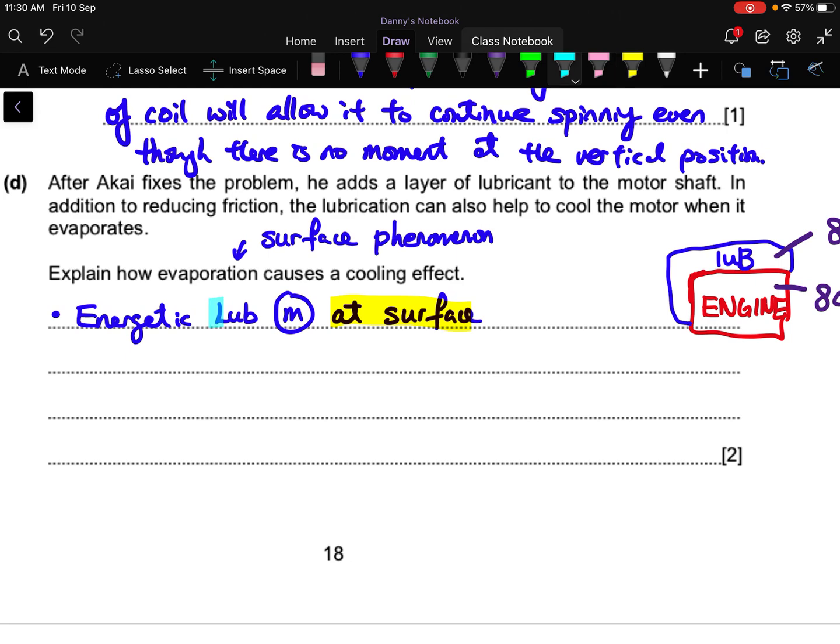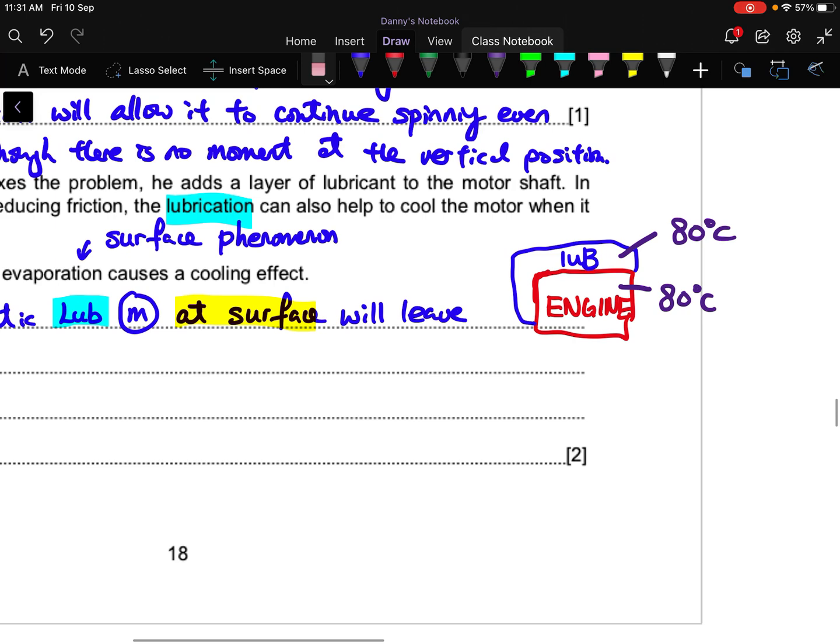Please highlight this. And some of you tell me that there's water molecule. There's no water molecule, it's lubricant molecule. Inside a lubricant there's no water. All liquids can evaporate, not just water. So can you please move away from water, water, water? It can be just lubricant.